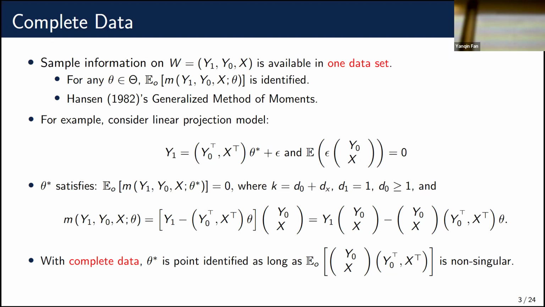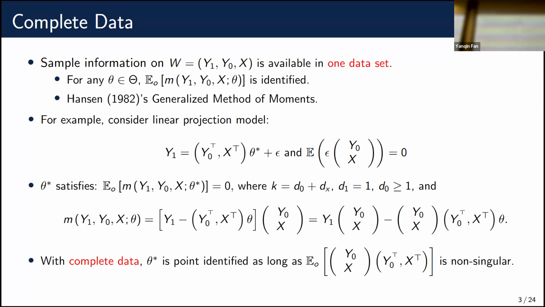Just to refresh your memory, let's look at this very simple example, the linear projection model. In this case, theta star is what we're interested in, and there's this orthogonality condition. This orthogonality condition implies that theta star is characterized by a moment condition model like this, where the moment function is just given by this error multiplied by the covariate.